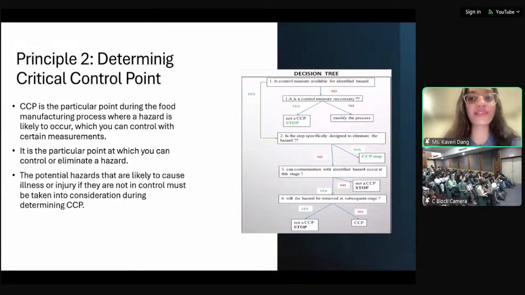If a control measure is available for the identified hazard, is this step or our critical control point designed to eliminate the hazard? If no, then can contamination with the identified hazard occur at this stage? It's a really long flowchart that you need to use to determine what our control point would be.